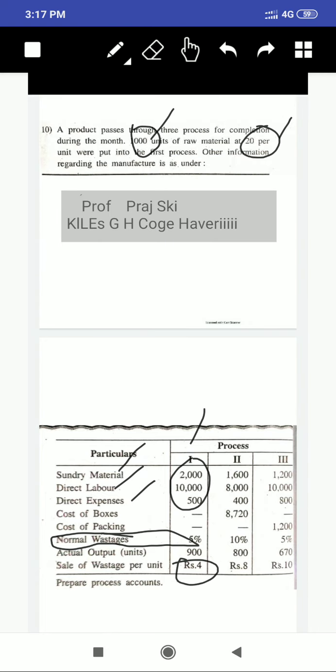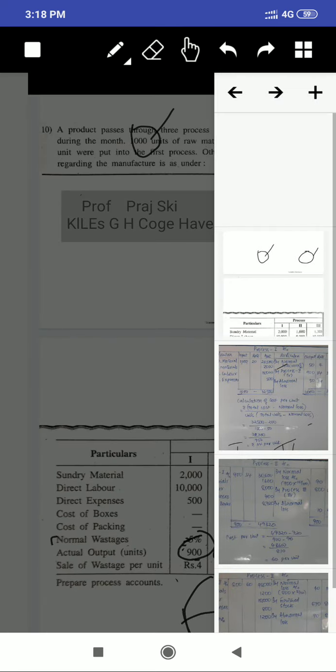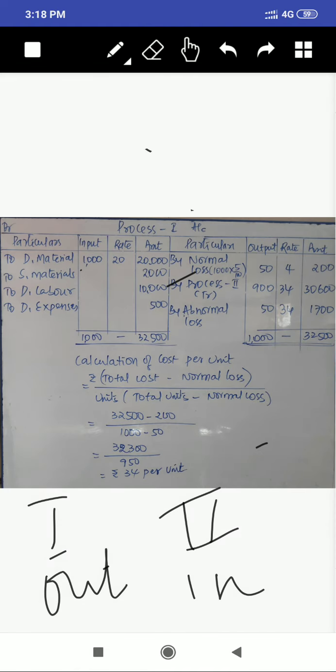The output of the first one is 900. This 900 is transferred where? The first process output is transferred to the second one, the second process output is transferred to the third one, and the third one is directly finished to stock. So the first process output is transferred to the second process. How much is here? 900 is the one.